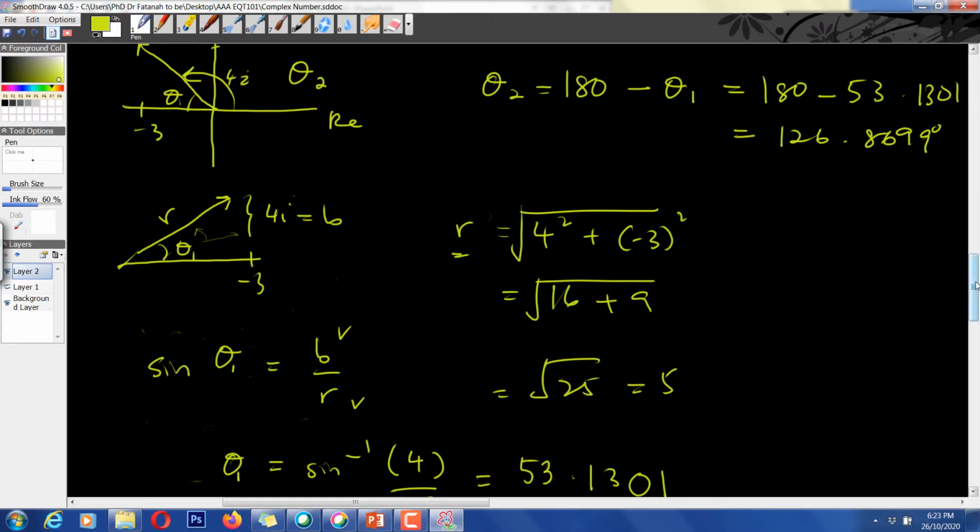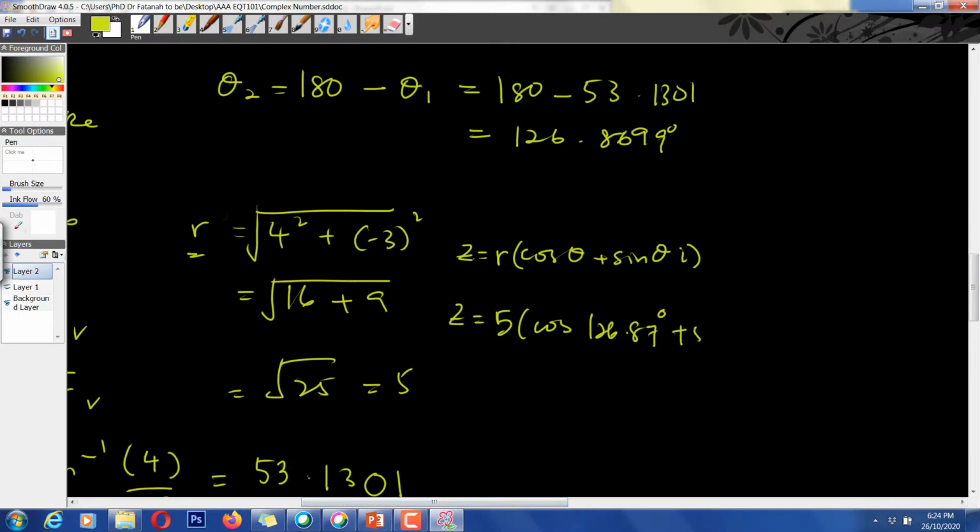So we can form a polar form. We know that the polar form is Z equals R cos theta plus i sin theta. R is 5, so Z equals 5 cos 126.87 degrees plus i sin 126.87 degrees.